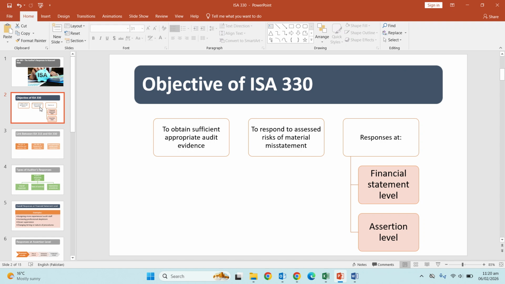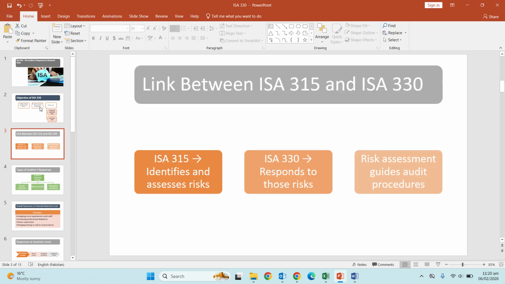So these responses are required at two levels. First, financial statement level. Second, assertion level for classes of transactions, account balances, and disclosures. The higher the assessed risk, the more persuasive the audit evidence required.